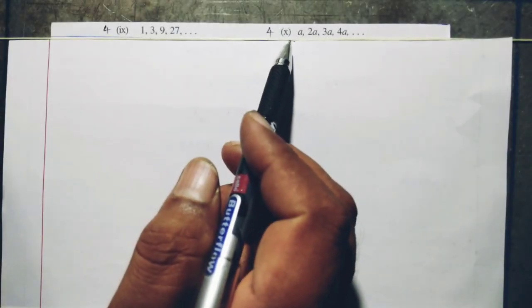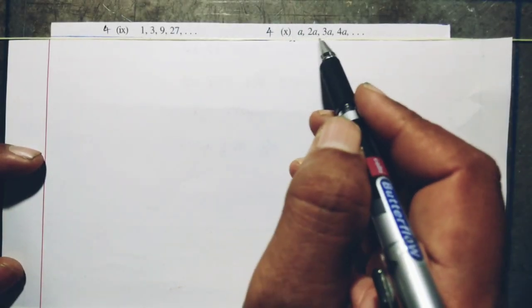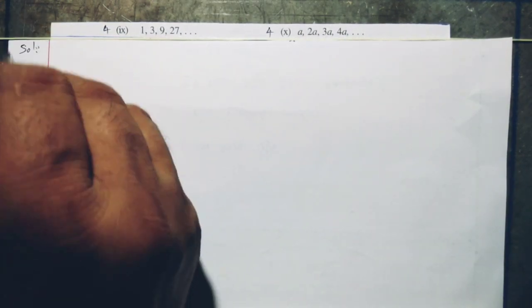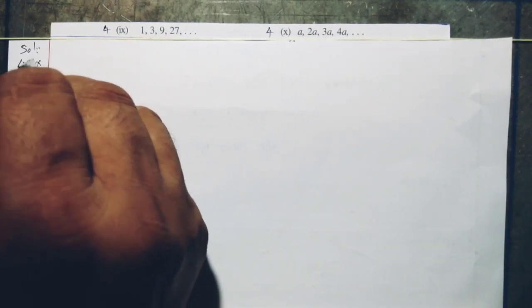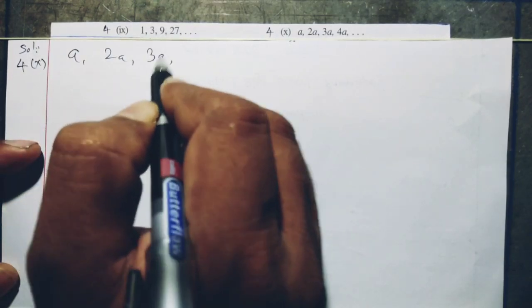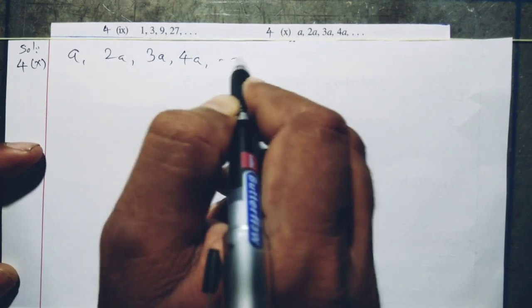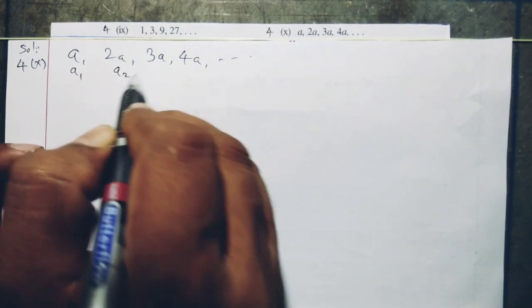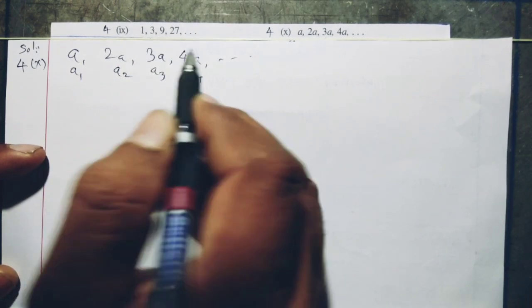Fourth bit, 10th problem: a, 2a, 3a, 4a. Solution: given a, 2a, 3a, 4a and so on, these are the first, second, third, fourth terms.